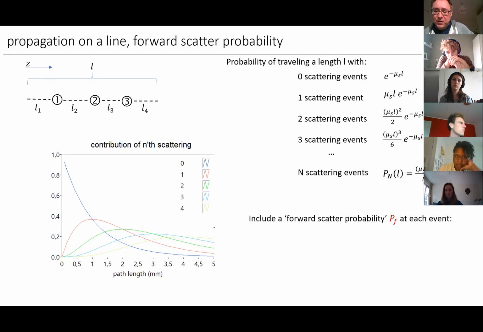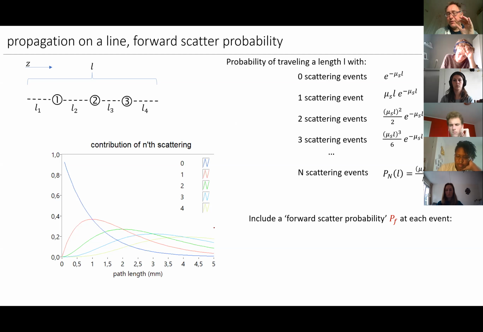So to make this model a little bit more complete, we have to actually include a probability that the scattering is actually in the forward direction in this formalism. We had these propagator steps in which nothing happened, where the photon just propagated, and then we had the term µs each time a scattering event occurred.